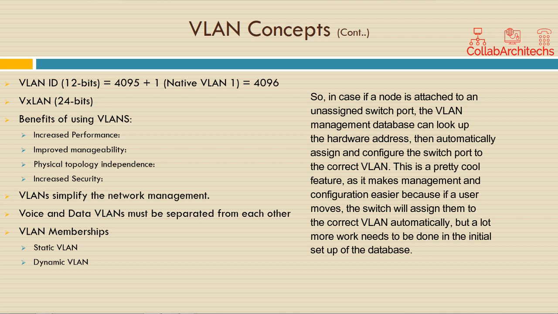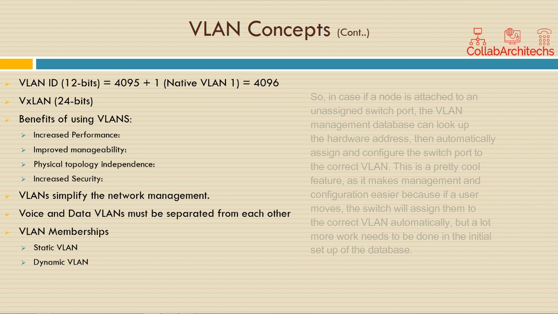This is a pretty cool feature as it makes management and configuration easier because if a user moves, the switch will assign them to the correct VLAN automatically. But a lot more work needs to be done in the initial setup of the database.